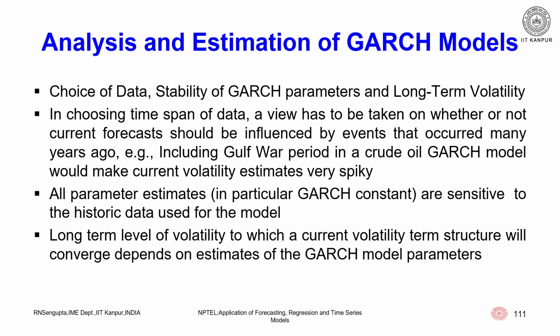So, that may affect the actual prediction you are trying to do, hence we should be careful about the data span. All parameter estimates, in particular for the GARCH constant, are very sensitive to the historical data used for the model. So, one fit for all GARCH models with the same parameters may not be possible throughout the time series, considering the DAX data we are considering.